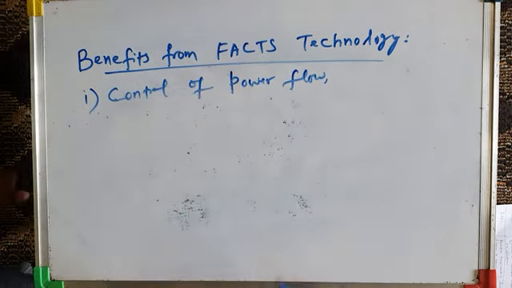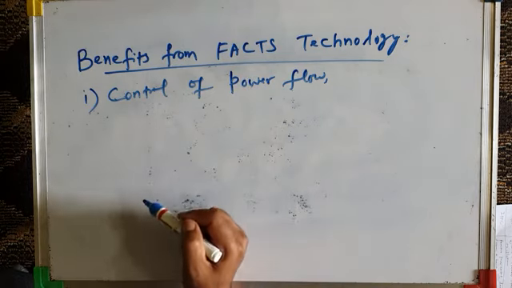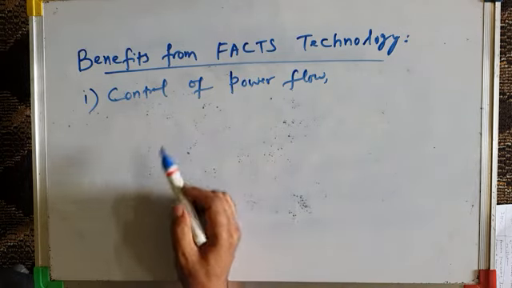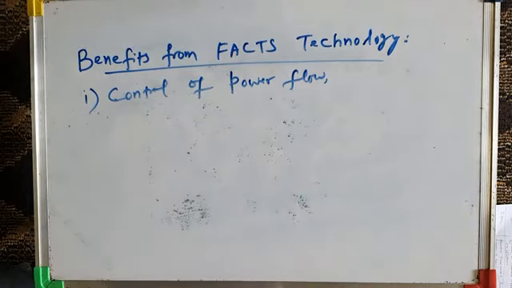I mean, you have seen whether we use a series FACTS controller or shunt FACTS controller or IPFC or UPFC or thyristor controlled phase shifting transformer, using these various types of FACTS devices, we can have perfect control over active power. So control of power flow can be achieved. Okay.